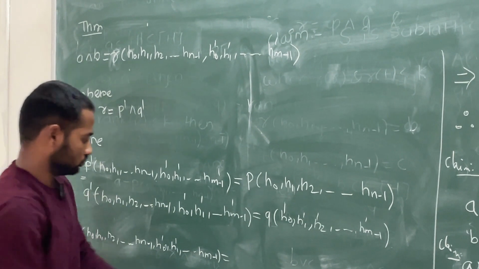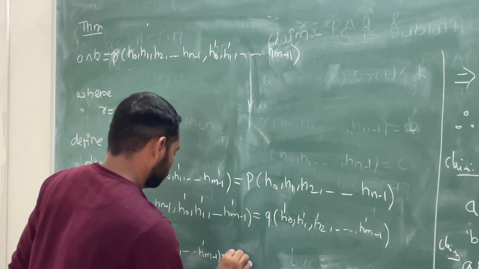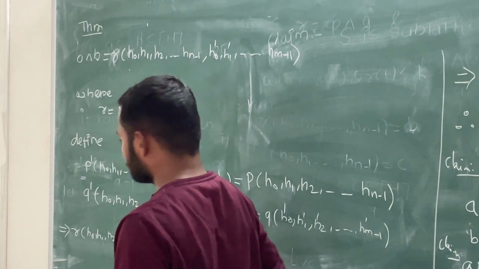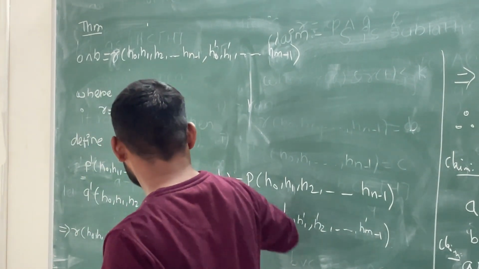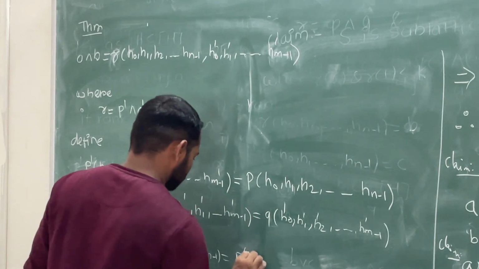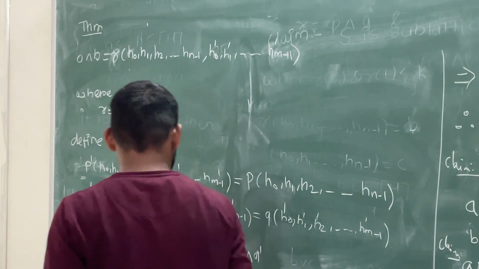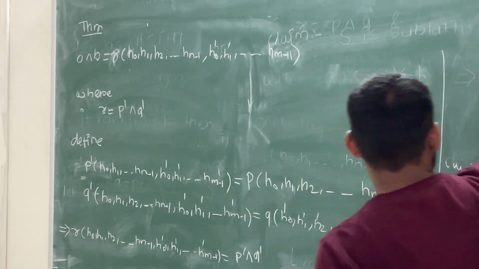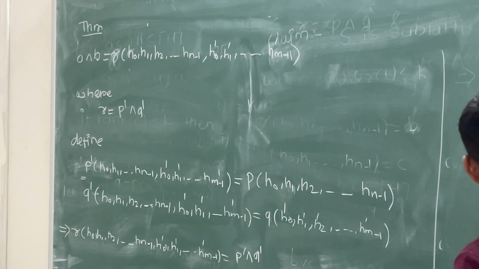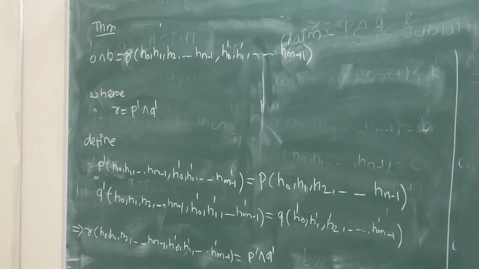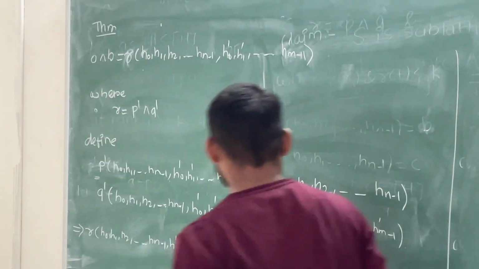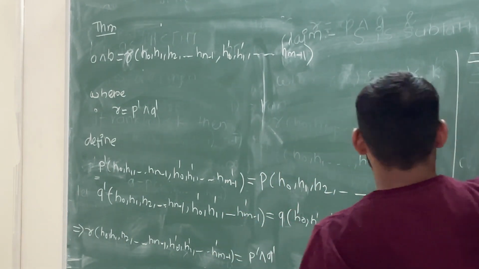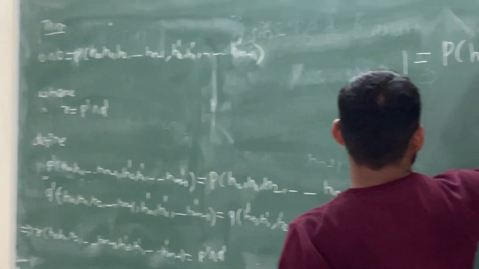Now r of h naught up to h m minus 1 prime is equal to, it is the same as what? This is the meet of this, because we have defined r as p prime meet q prime. So r of that value is p prime evaluated at that value and q prime evaluated at that value, which is equal to, what is p prime evaluated at this one, yes or no?